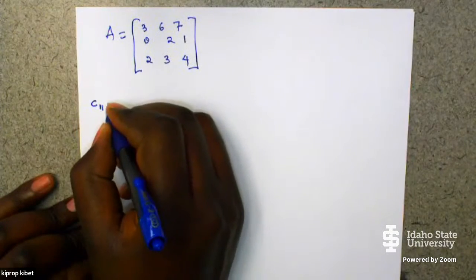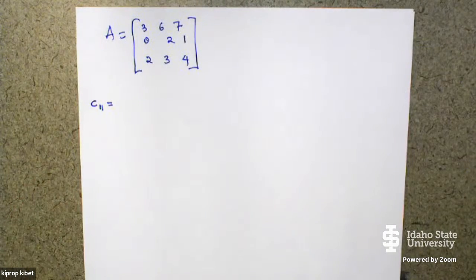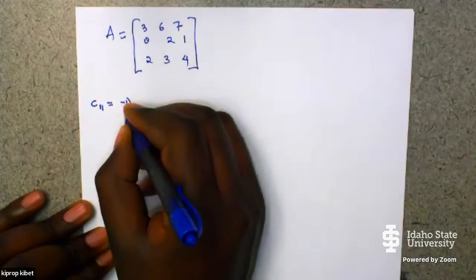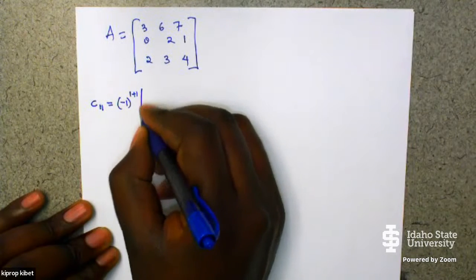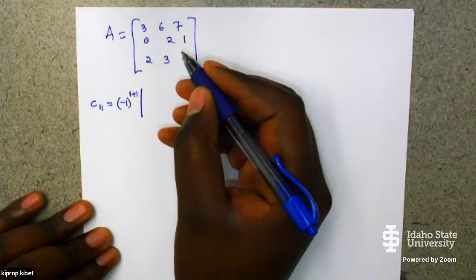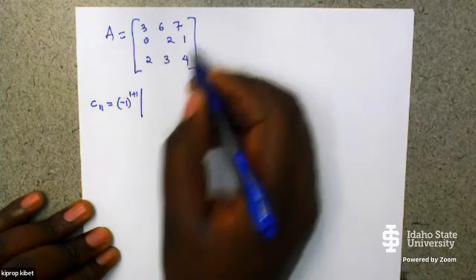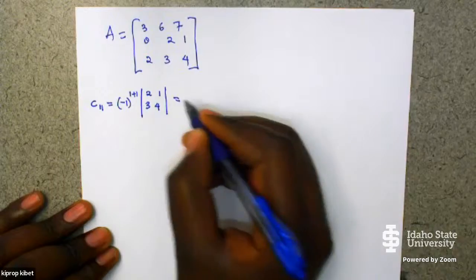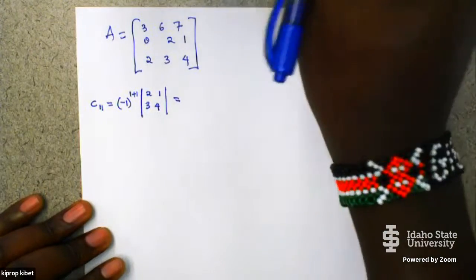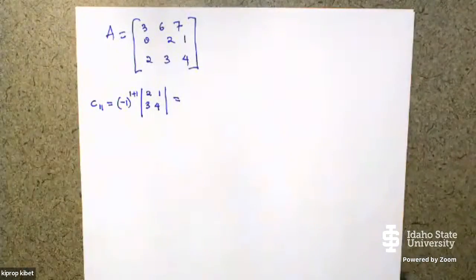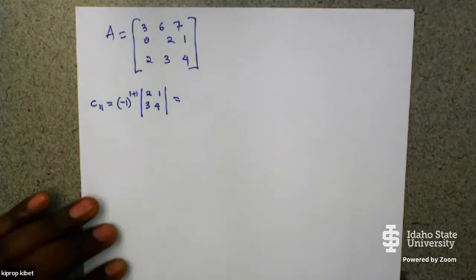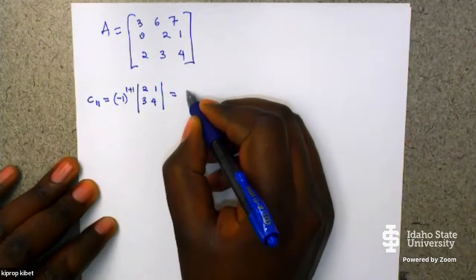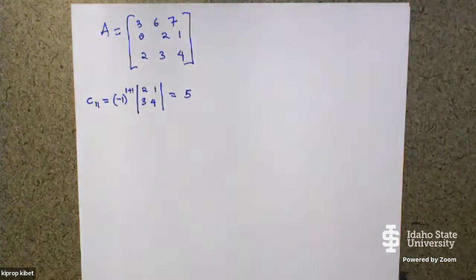So C11 is equal to deleting the first row and the first column, which is basically -1 to the power 1 plus 1, determinant of, so you delete this and that, determinant of 2, 1, 3, 4, which will give us 5.